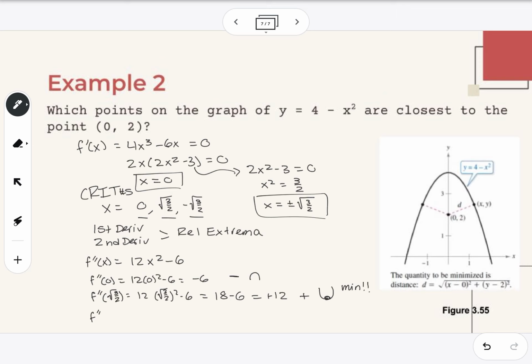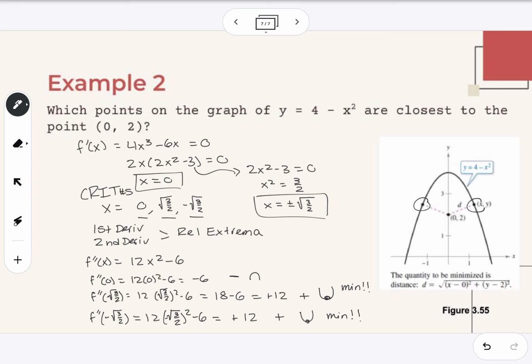Let's test out our last one, plugging in negative square root of 3/2. Because you're going to square it, you're going to end up getting the same exact thing as when you plug in positive square root of 3/2. So you're going to end up with positive 12 again, which is concave up, which is another minimum.